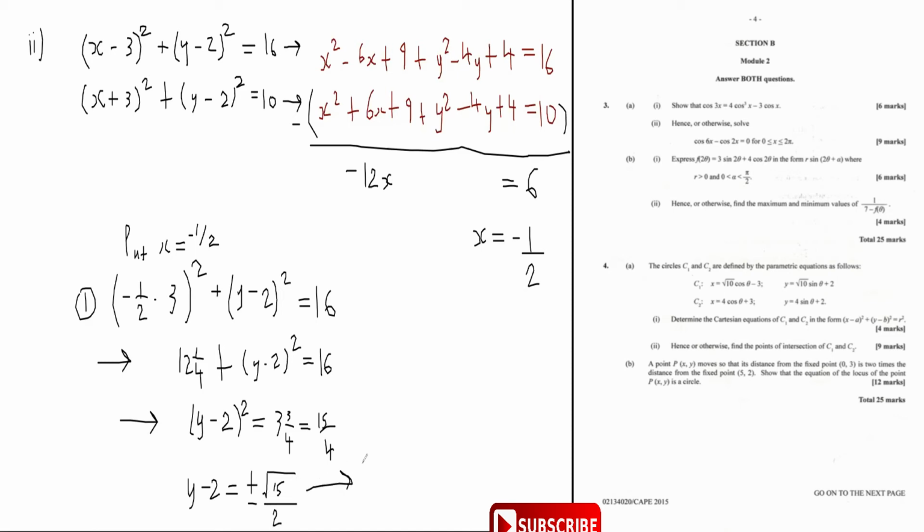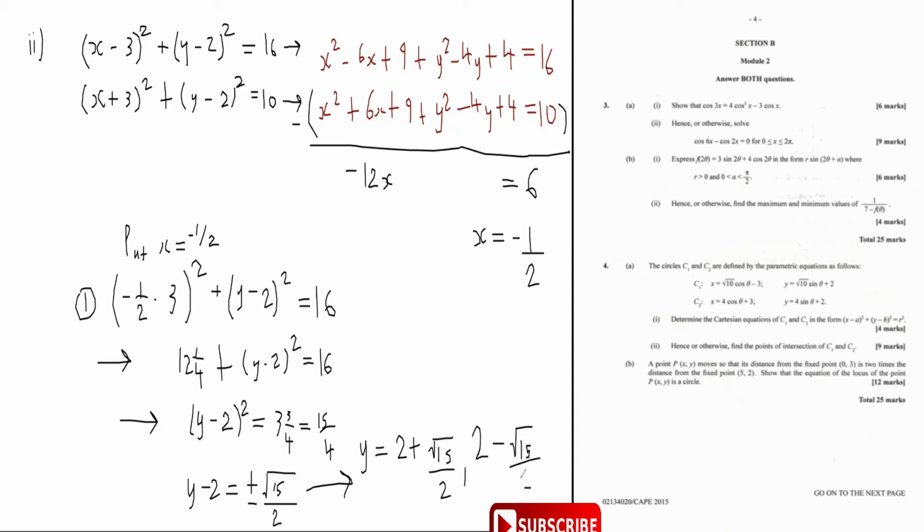So that implies you get two values for y. y is equal to 2 plus the root of 15 over 2, or y is equal to 2 minus the root of 15 over 2.